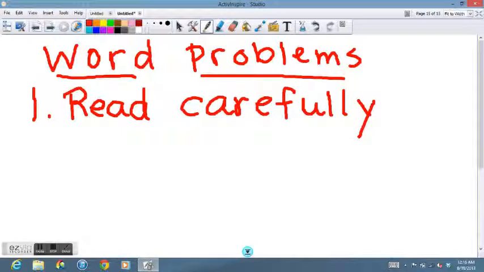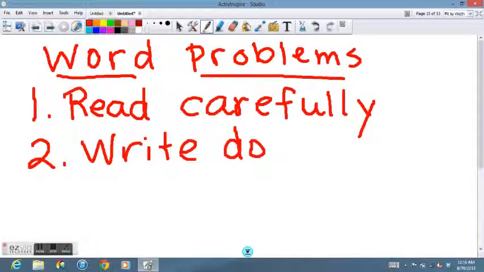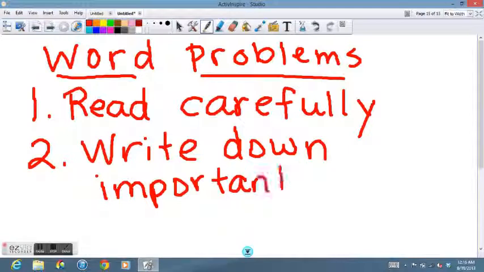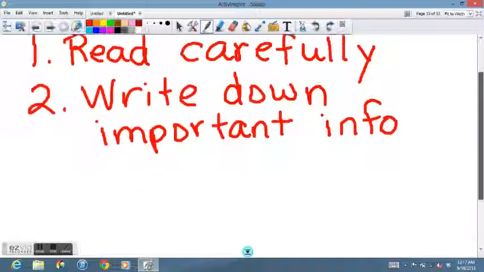So first read the problem, and then the second time you read it, write down the important information as you read it. Okay? So you're summarizing it. Jot down the important information.